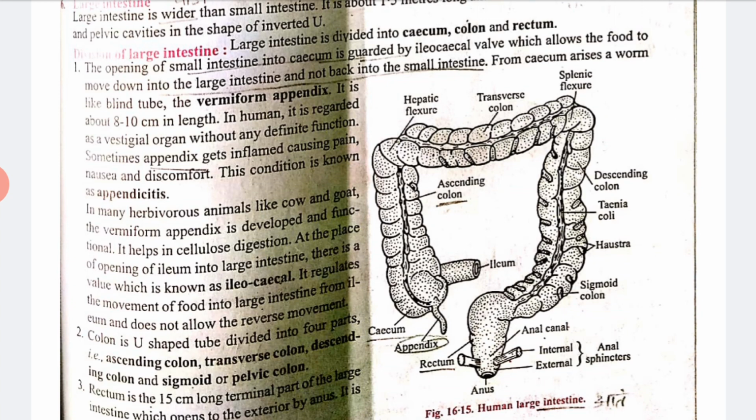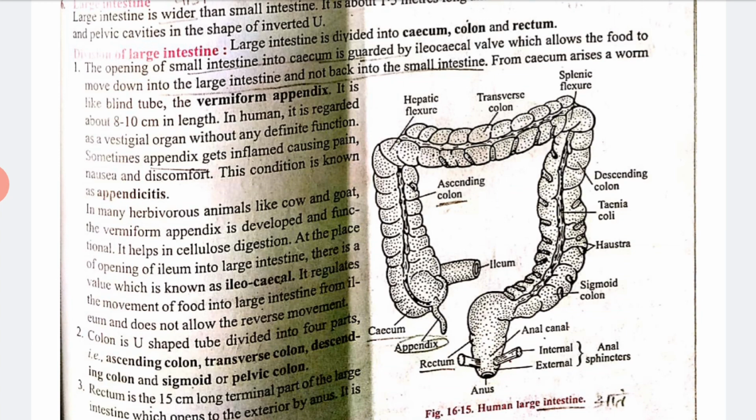You can see which part I am mentioning. The opening of the small intestine into the caecum is guarded by the ileocaecal valve, which allows the food to move down into the large intestine and not back into the small intestine.